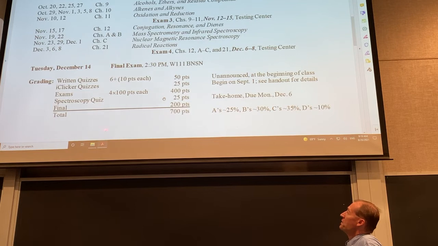So if you are keeping up with your reading of the textbook, if you are working those assigned homework problems that are within the chapters, that are those easier level problems, then you should be well prepared for any of these written quizzes that we will be having at the beginning of class. So why are they unannounced?